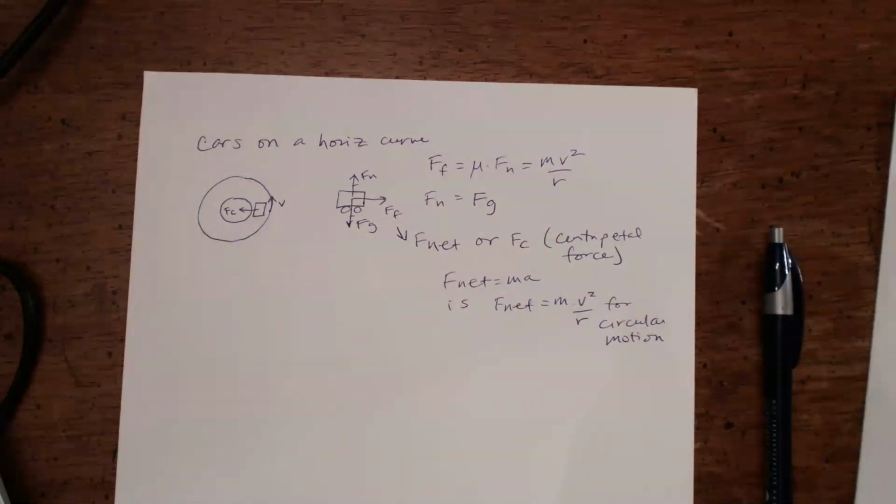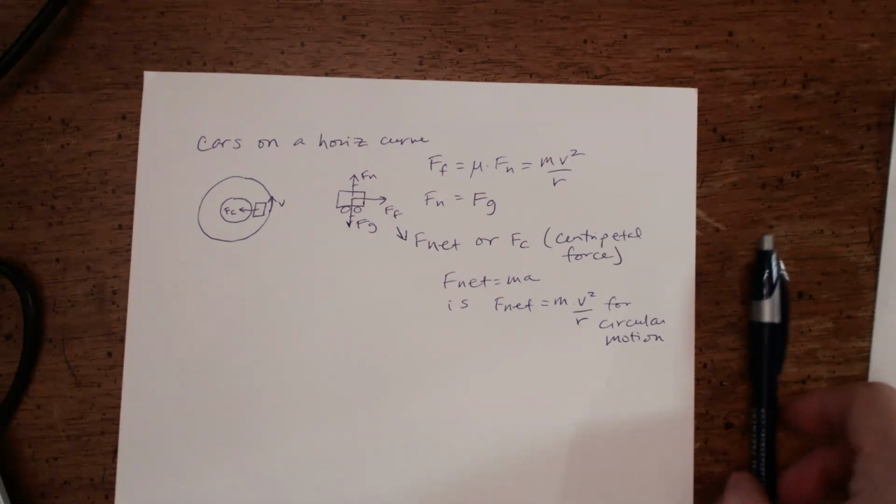So if you're trying to solve for something like velocity, or if you didn't have mu and you were given other things like the radius of the track and the mass of the car, then you could use those things to help you get other quantities just by remembering these relationships here.